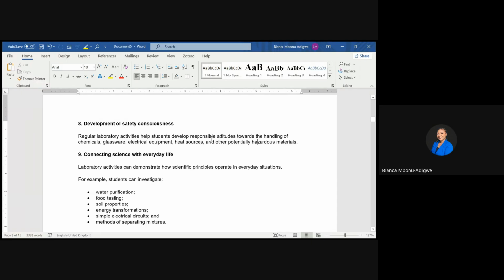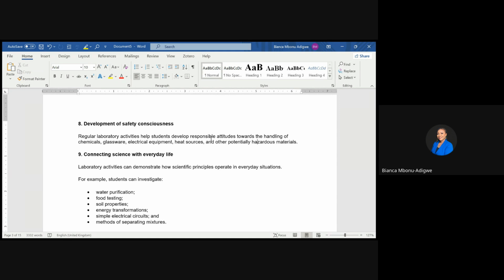So when we look at some potential hazards in the lab, you're going to be looking at some of these safety issues. When students participate in regular lab activities, they develop responsible attitudes towards the handling of equipment. For example, when you are in the physics lab carrying out an experiment on electricity, you already know the hazards and the precautions to take.